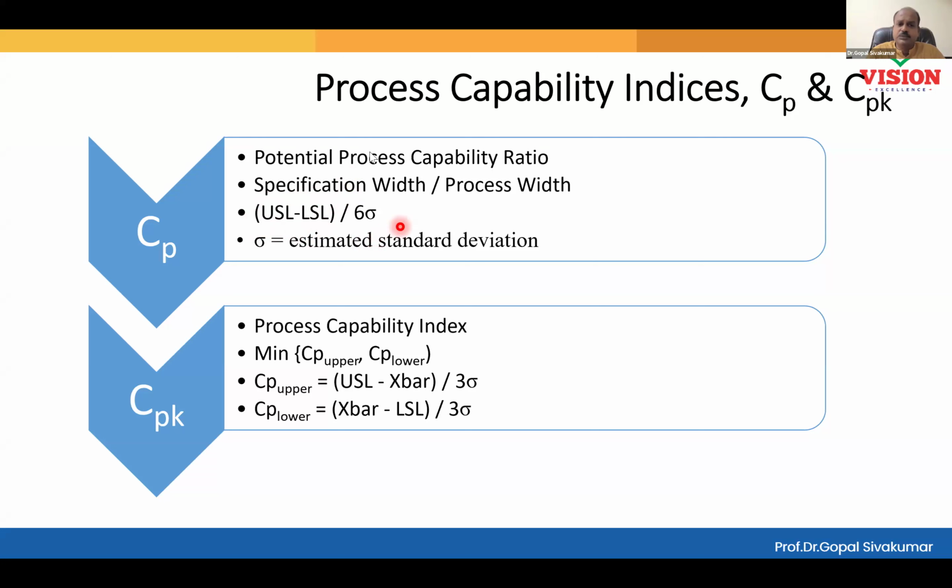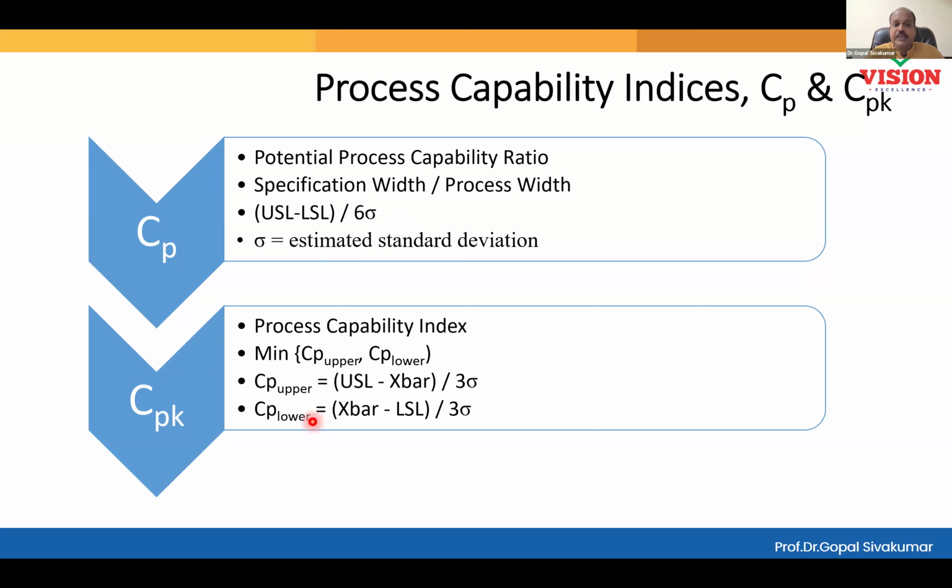But please note, having a smaller car doesn't completely guarantee that you will reach the destination. The driver sitting inside the car should also be skilled, yes or no? The car is smaller than the road, and the driver sitting in the car should also be a skilled driver. So if you check the skill of the driver also, in addition to the size of the car, that means you are believing in Cpk.